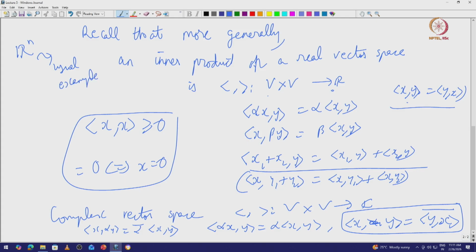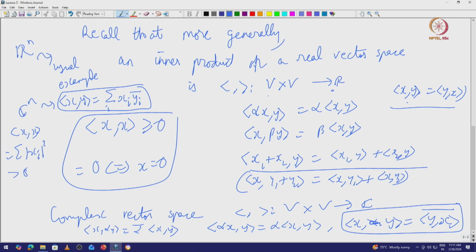On Cn, the correct way to generalize this is xi yi bar. Indeed, x comma x is the sum of mod xi squared, which is positive. Otherwise, this won't even be a real number, right, if I did not have the bar here. Okay.